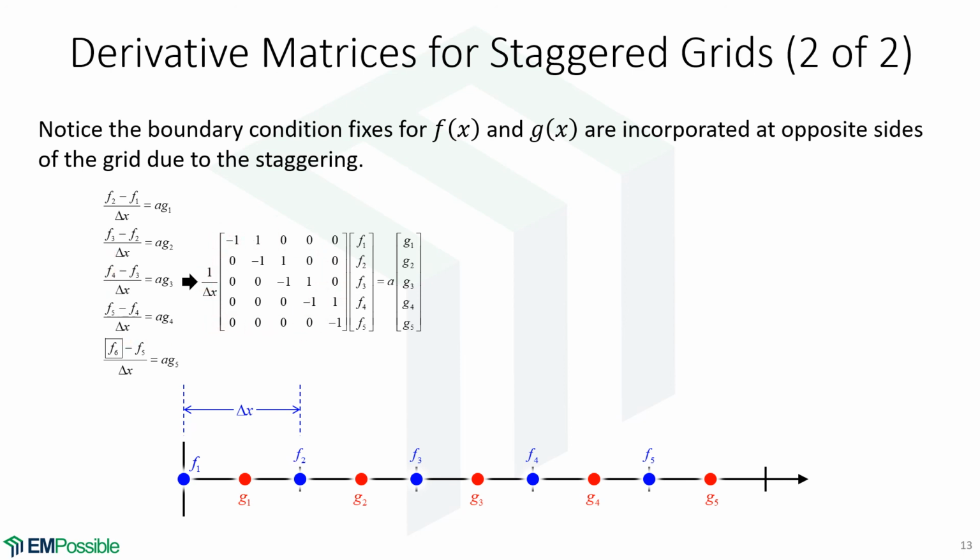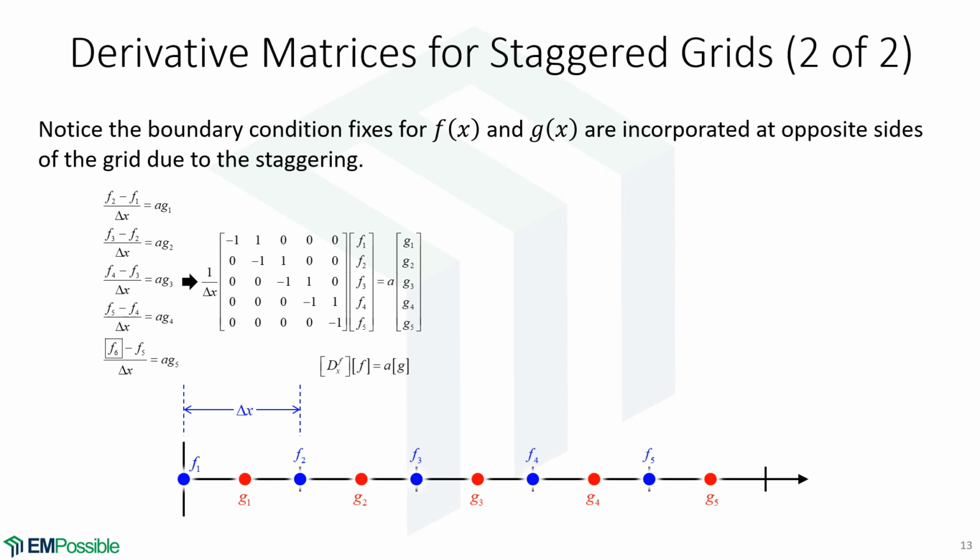Now notice this is no longer a symmetric matrix. We have negative ones running down the diagonal. We have positive ones in this upper diagonal, but we have nothing in this lower diagonal. So it's not a symmetric matrix anymore. And of course, we're dividing by delta X on the outside. So 2 diagonals, and it's no longer a symmetric matrix.